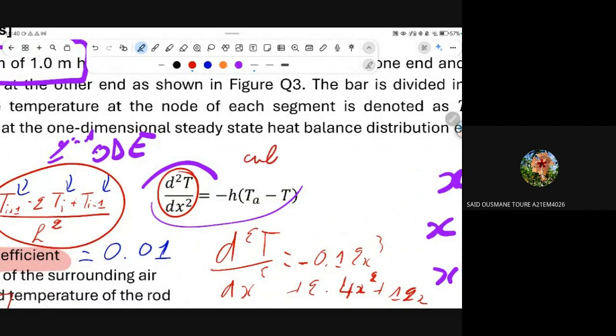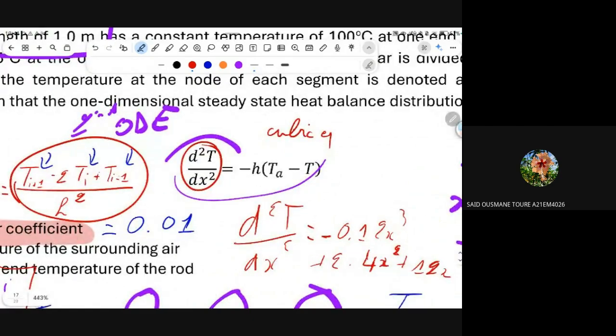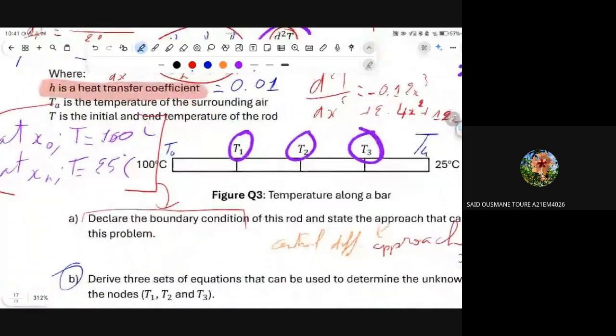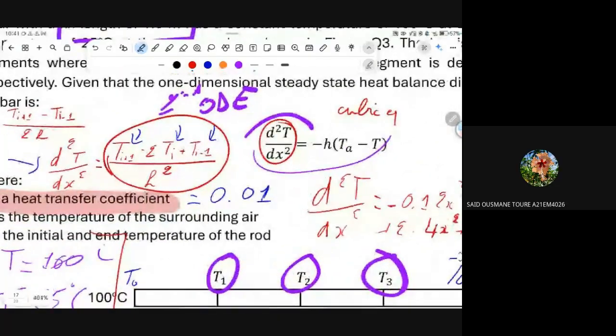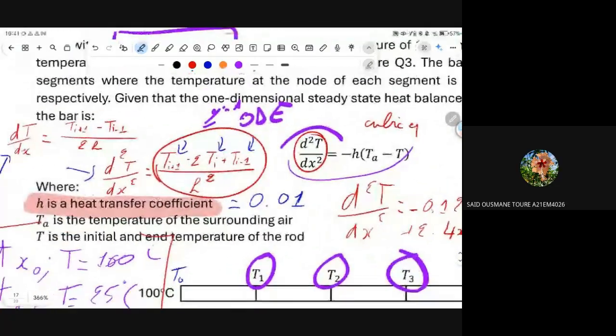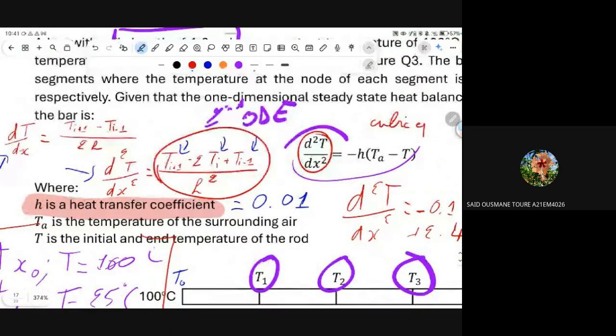Yes, go ahead. So for this one, both h and x are the steps? No. h here is just from the equation that they brought, meaning they put this formula here. h here is h.